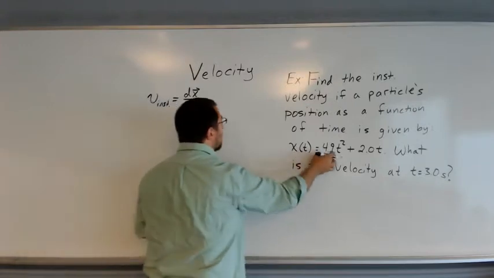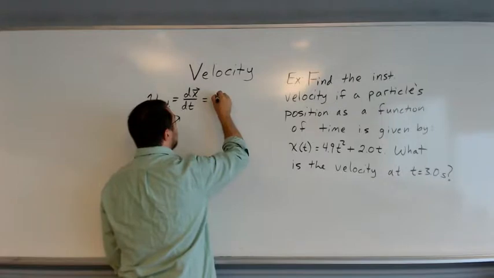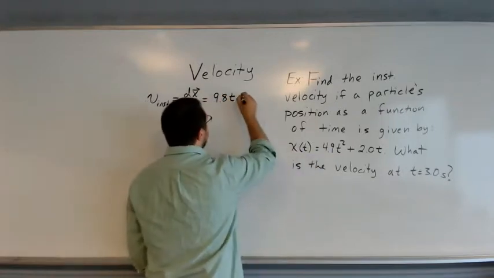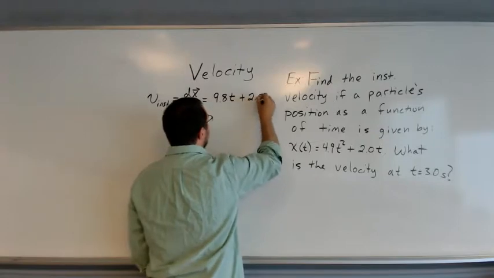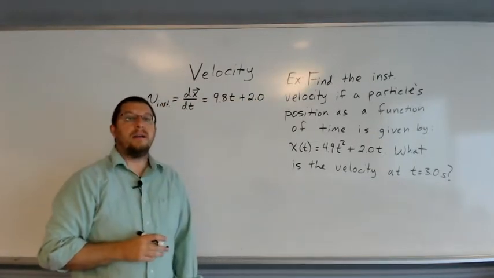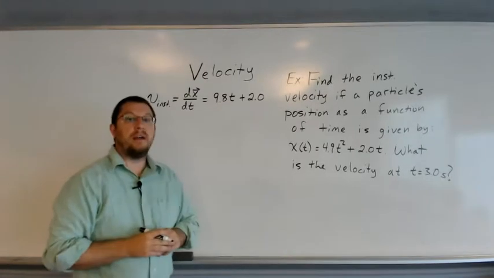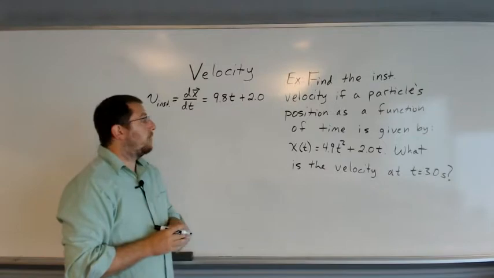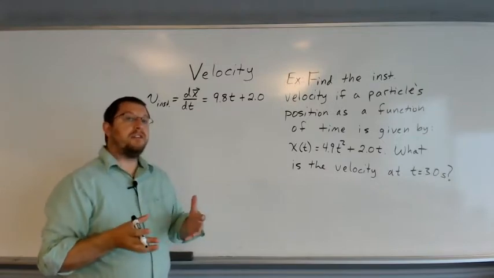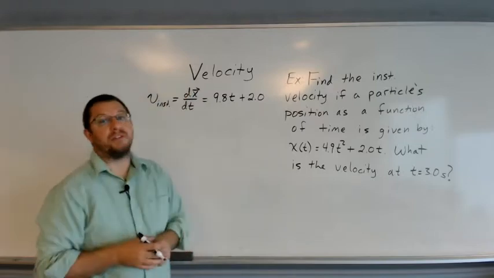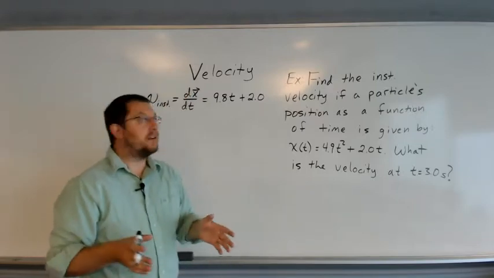If I take the derivative, I'm going to get 9.8 times t plus 2. So there is my instantaneous velocity function. Again, to find your instantaneous velocity, if you have your position as a function of time, just take the derivative.